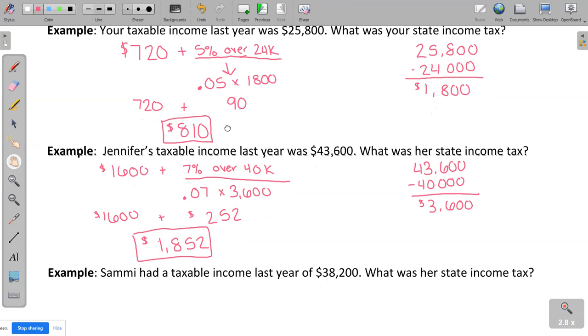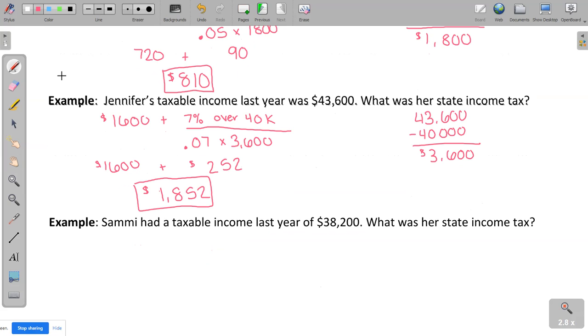So let's figure that out. $1,120 plus any amount that is over $32,000, but we have to pay 6% of that.